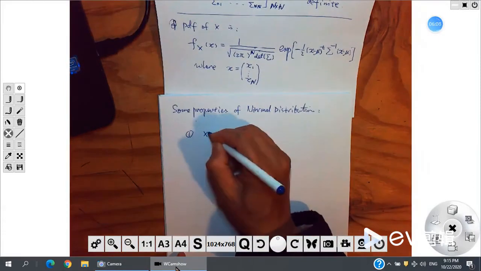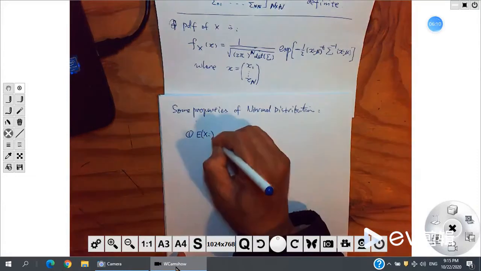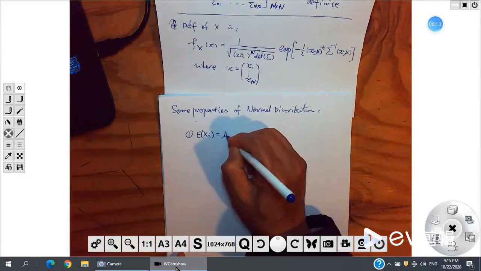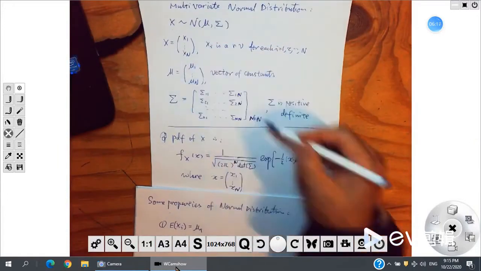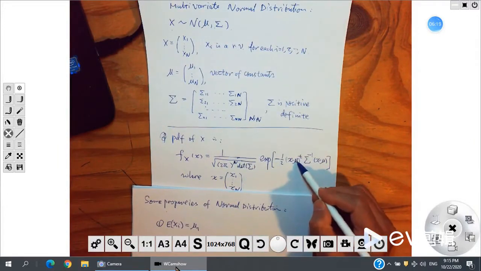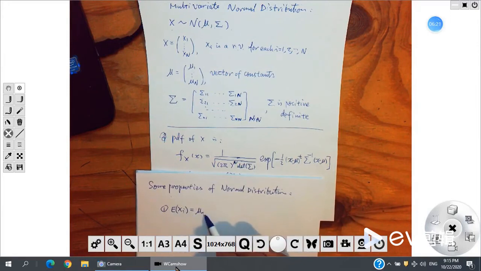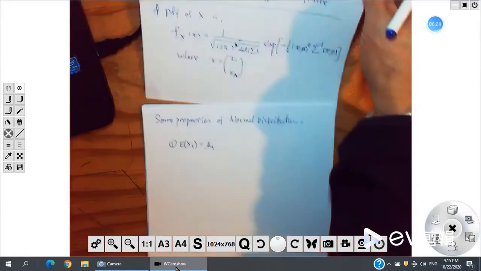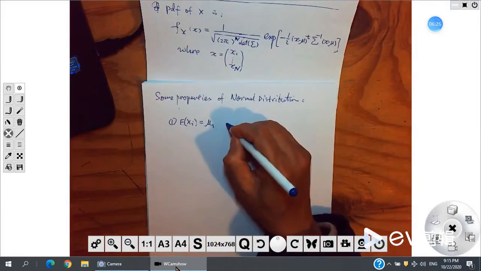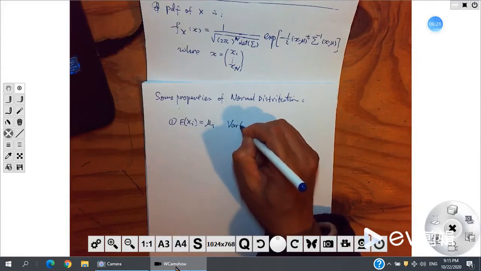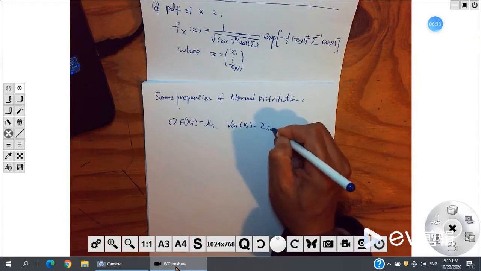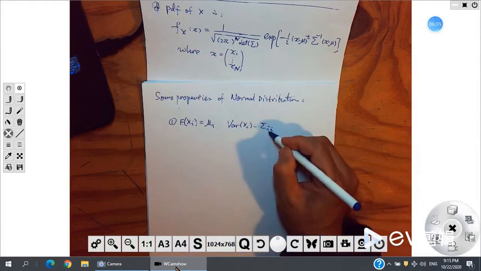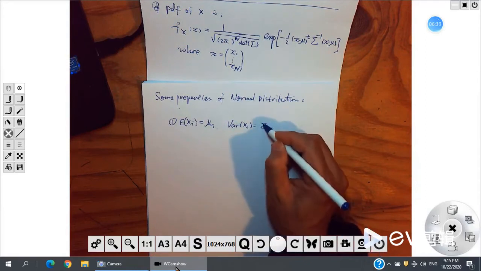Xi, take the mean value, that is just mu i. Mu is here. So E[Xi] is just mu i. And the variance of Xi is sigma ii. The element at the ith row, ith column of sigma gives us the variance.